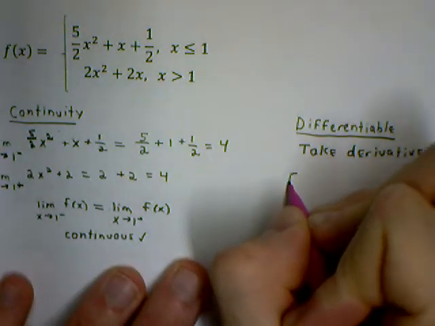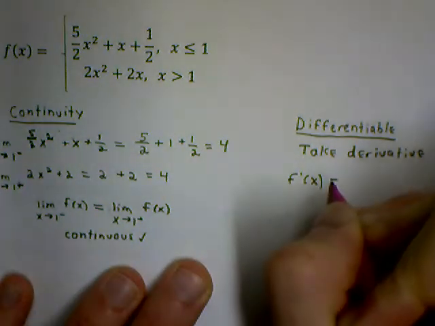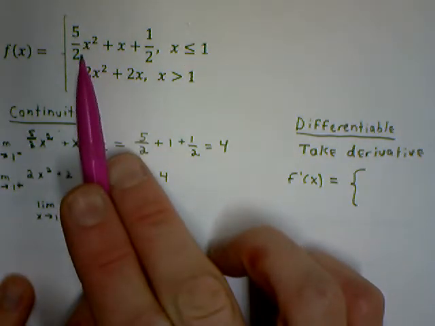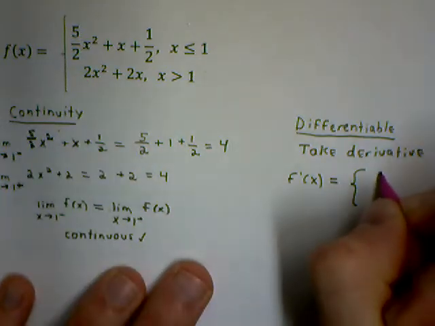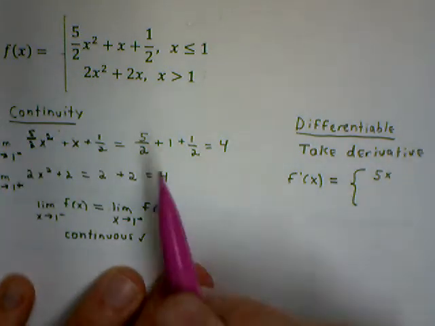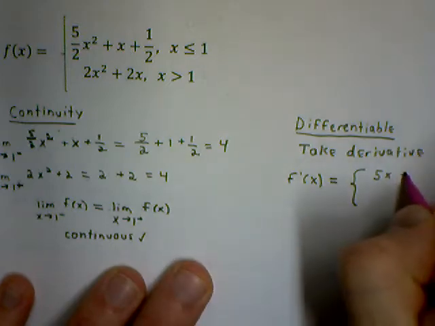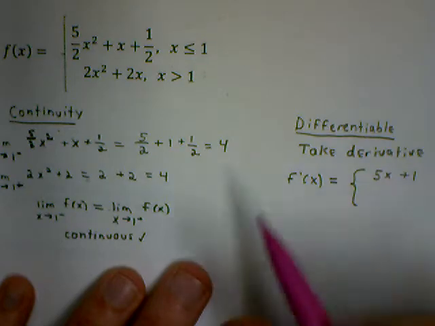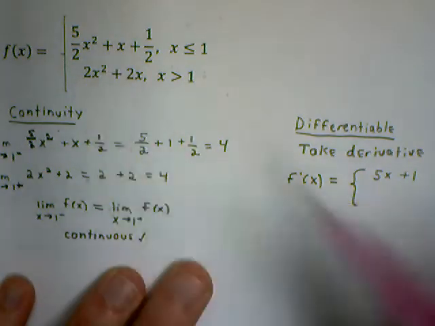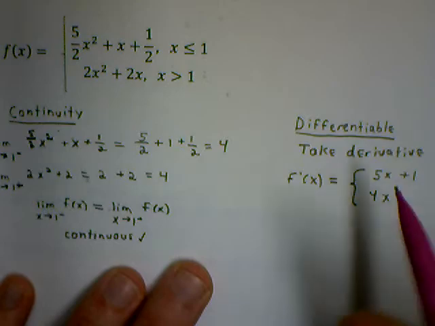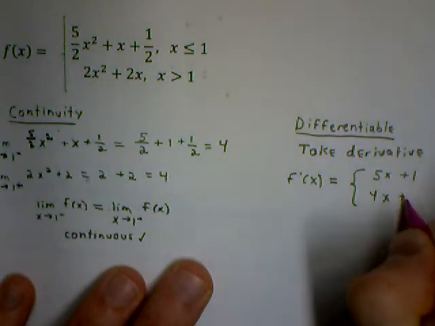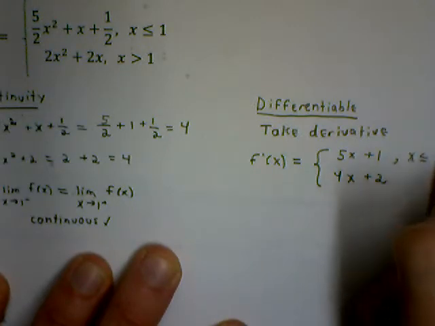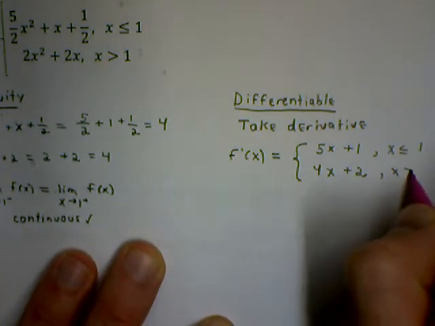All right, so f prime of x will equal, bring the power down, 5/2 times 2 is 5x. The derivative of x is 1, and the derivative of 1/2 is 0, so I just get 5x plus 1. The derivative of 2x squared is 4x. The derivative of 2x is 2. So now, when x is less than or equal to 1, and x is greater than 1.